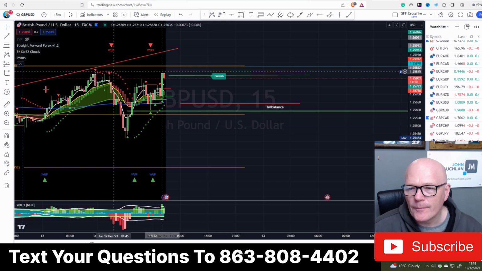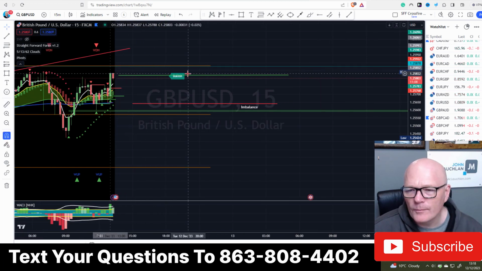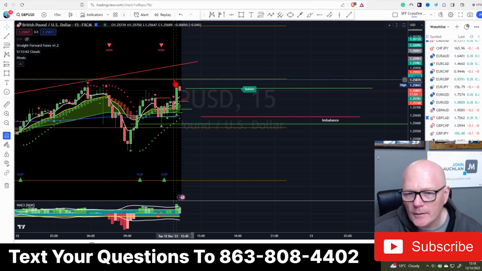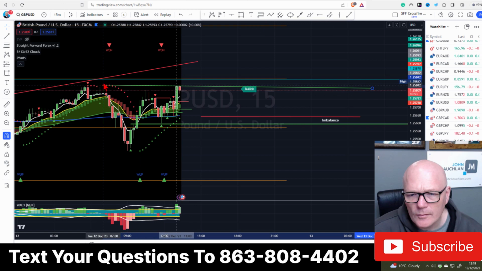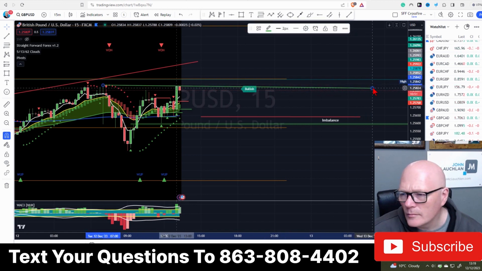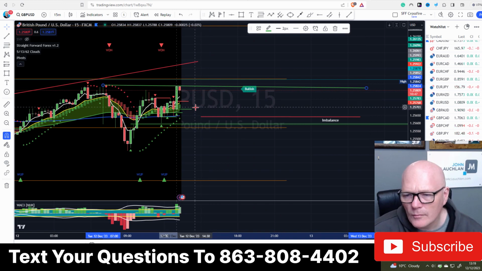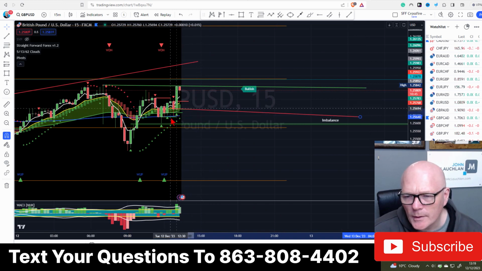Right, GBP USD. Put the magnet tool on. Yeah, it's on the 15 minute. The higher high for that one is that little weird doji candle that's there. And the lower low is just there.